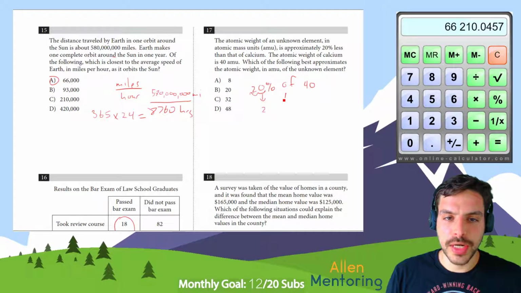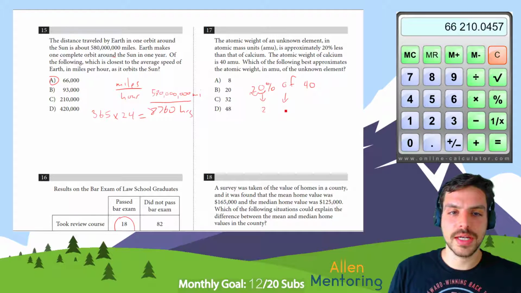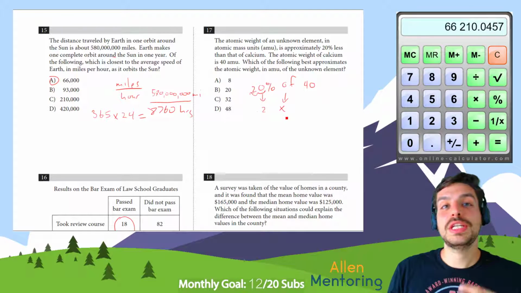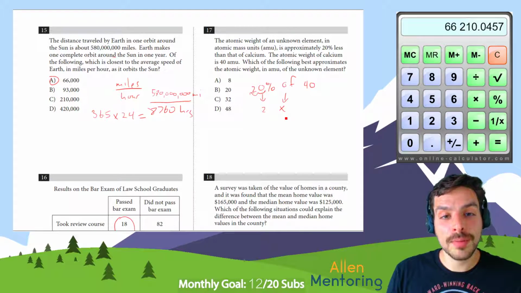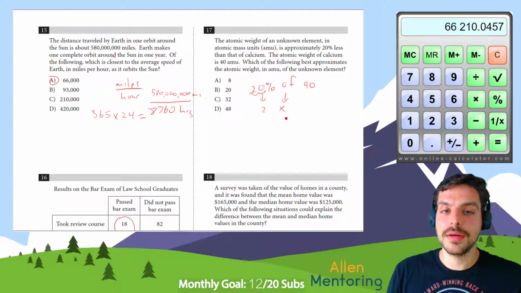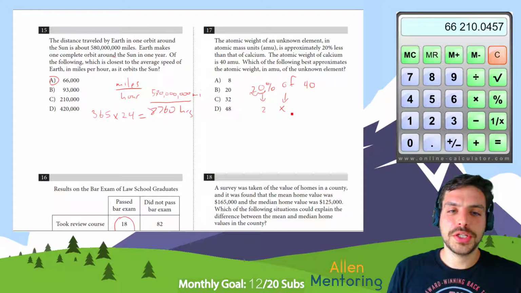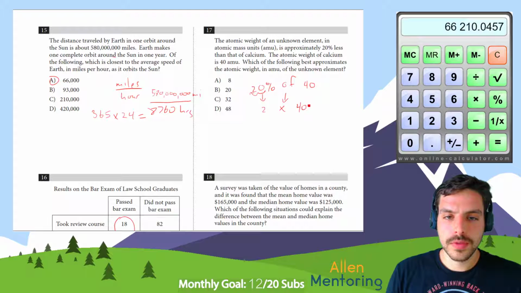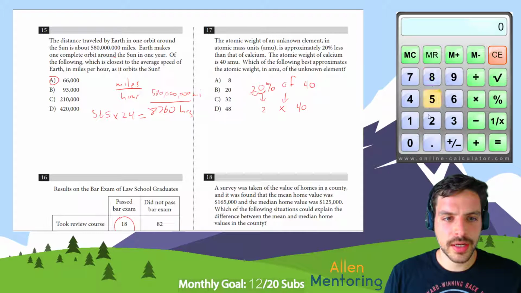And the second thing we need to translate: we translate "of" to mean multiplication. Whenever you see "of" in a percent problem, you can translate that to mean multiplication. So 0.2 times 40. This should be pretty easy to do on our handy dandy calculator. So we'll do 0.2 times 40, and we'll get 8.